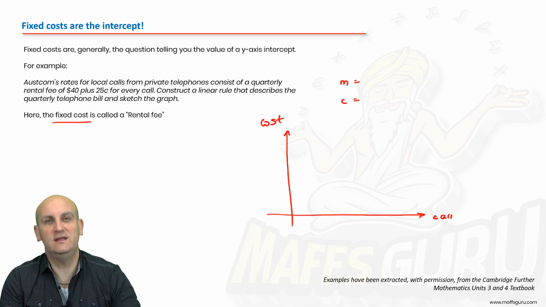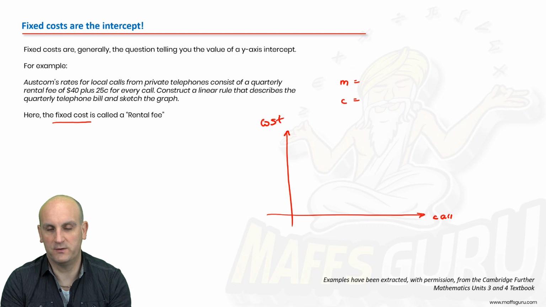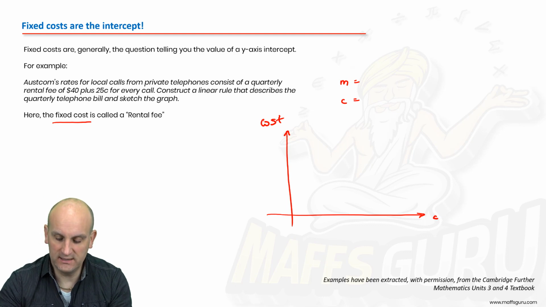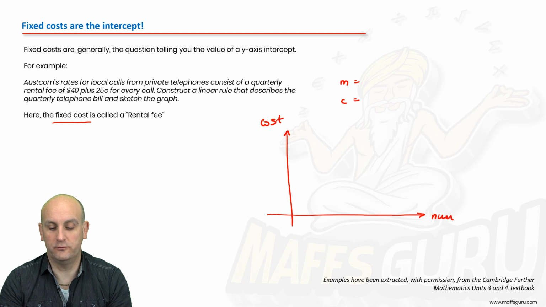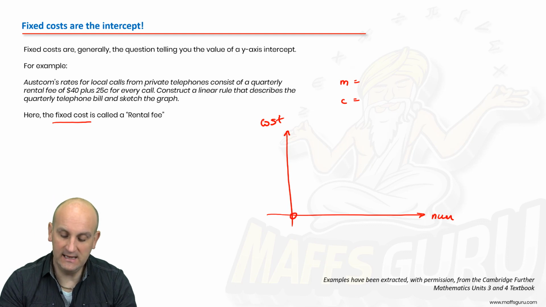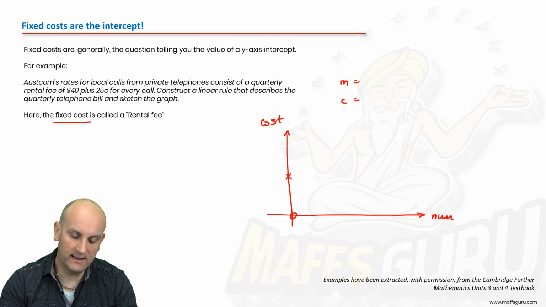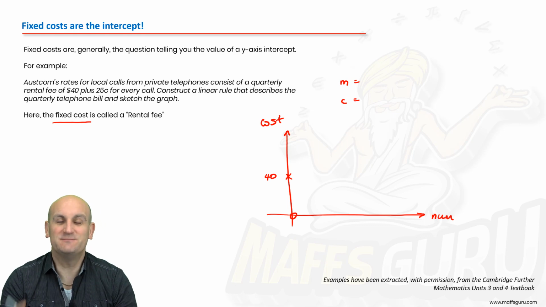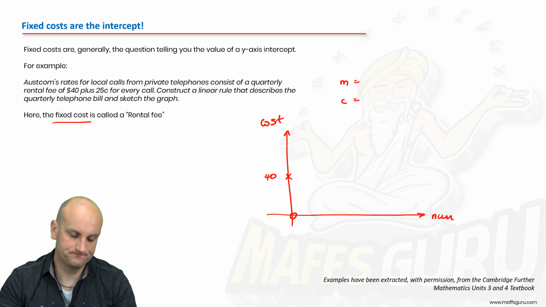Now notice we don't even have X's and Y's anymore, right? We've got the number of calls, so maybe we'll change that to N to stand for number of calls, and the cost of those calls. It doesn't matter if I don't make any calls, I already am going to pay $40. So there is my y-axis intercept.